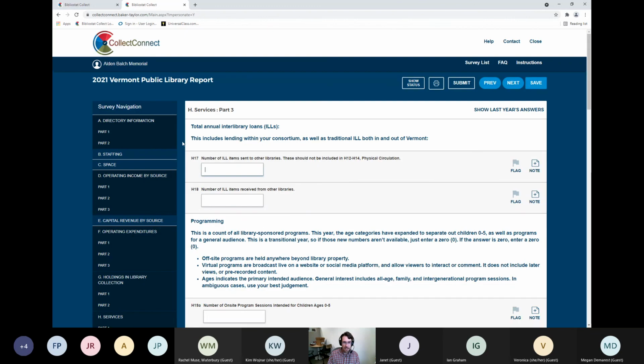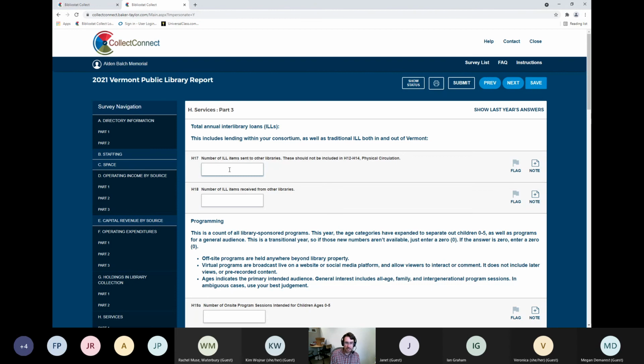Next, ILL numbers. First one is how many ILLs did you send to other libraries? The second is how many ILLs did you receive? If you're in a consortium that does consortial lending, specifically thinking of Catamount, and you can capture that number, please include it here under ILLs.